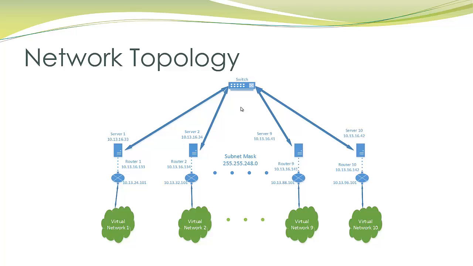And we have to set up routers on each server which can connect a virtual network through this router and connect it to another virtual network. Finally, this traffic all goes through the shared switch, and the traffic can reach the other virtual network.